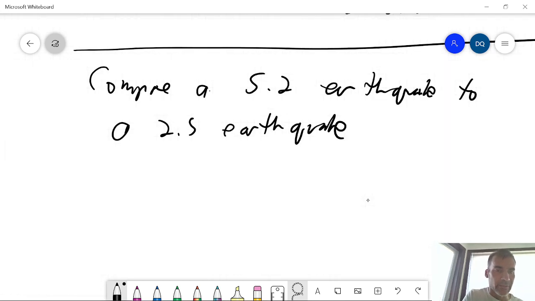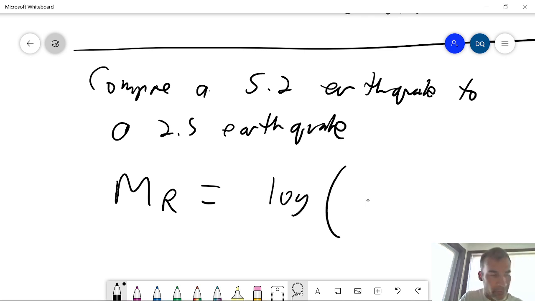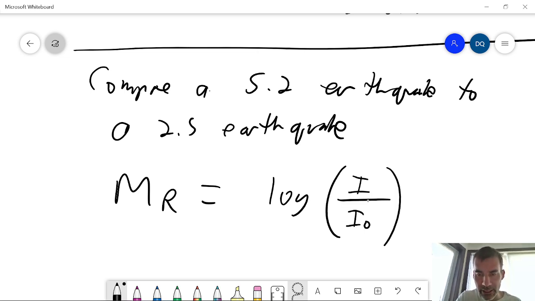So the magnitude of an earthquake on the Richter scale is the log of the intensity of the earthquake divided by a reference intensity, and that reference intensity is a low-level earthquake. It used to be the lowest level detectable by a seismograph. So that would be the machine that's used to measure movement or vibration in the earth, and the lowest detectable used to be the reference value.